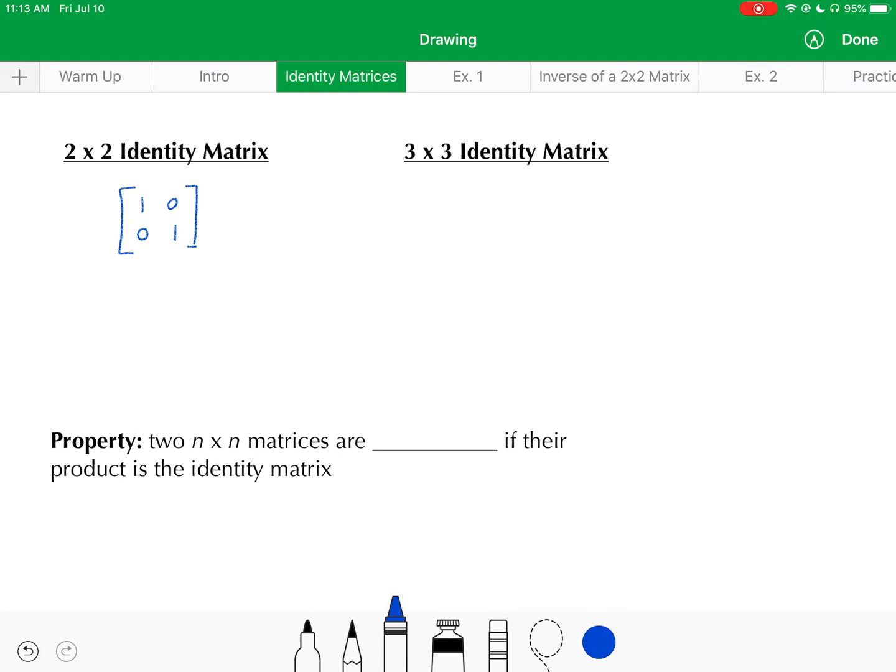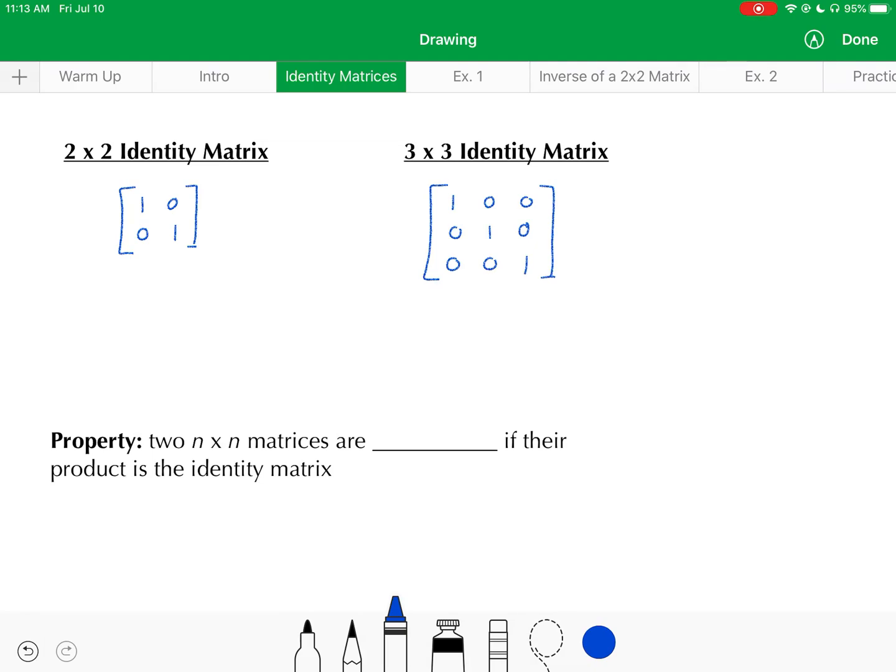The 3 by 3 identity matrix, the first row would be 1, 0, 0. The second would be 0, 1, 0. And the third would be 0, 0, 1. So I think you can kind of see the pattern here. Think about what it would be like if you went out to a 4 by 4 identity matrix.